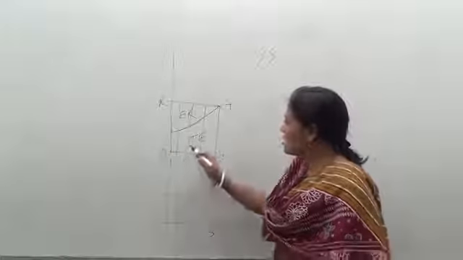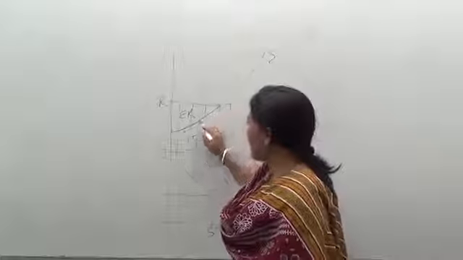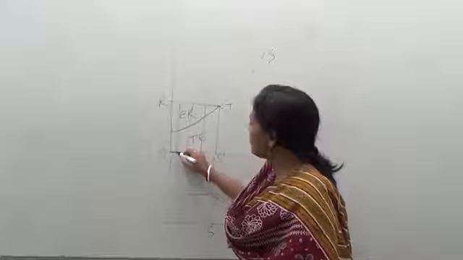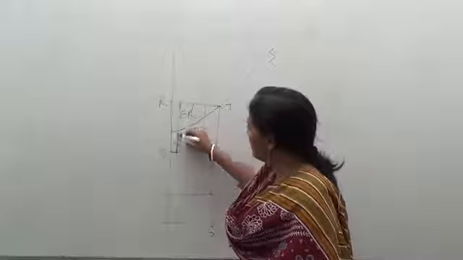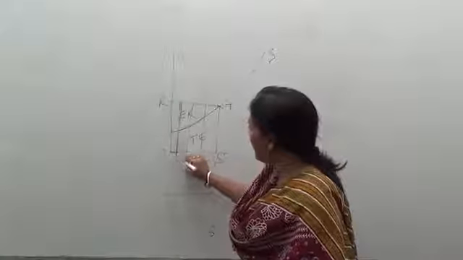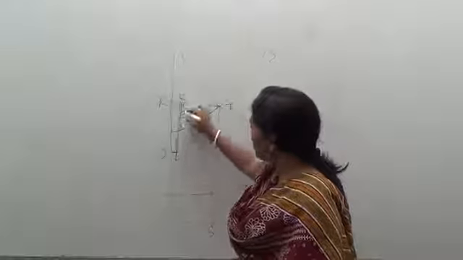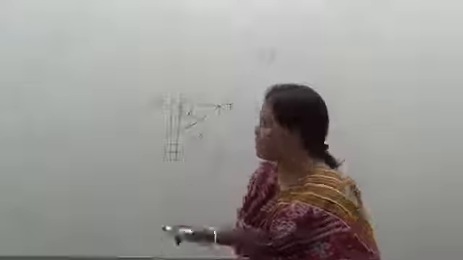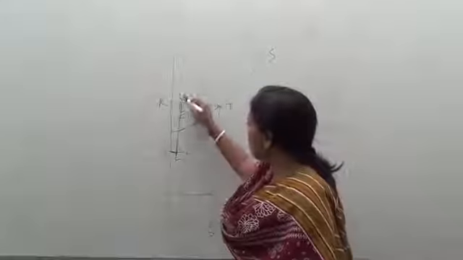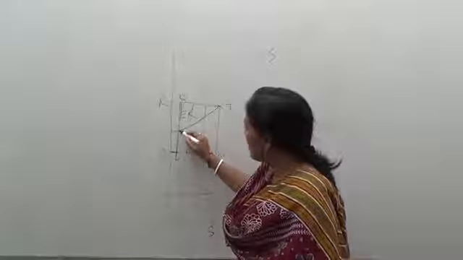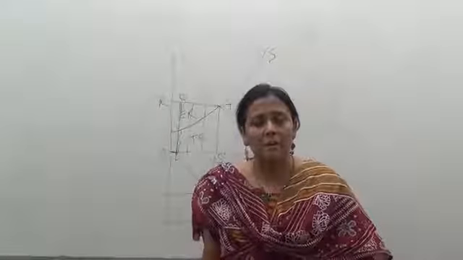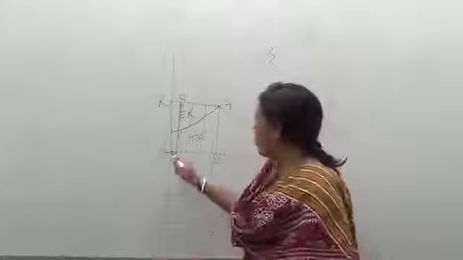Now the question is this: with the utilization of this much of resources, this is the total earning which we are getting. Suppose this is L and this is Q, then LQ is the total revenue generated with the utilization of the OL factor. In this QL revenue, there is the transfer earning, or the next best alternative earning of the factor OL.